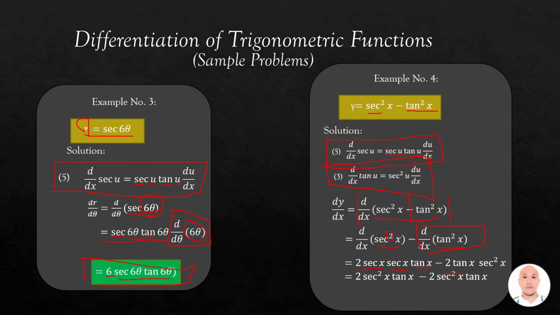Then we have to combine: 2 secant squared x tangent x minus 2 secant squared x tangent x, this is equals to 0. So the answer for our problem number 4 is 0.